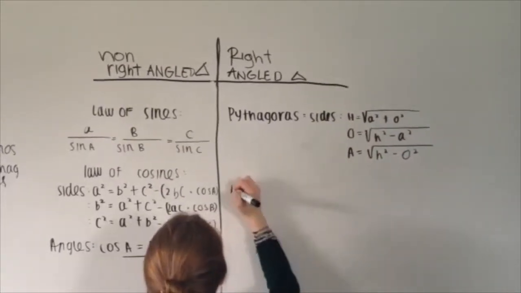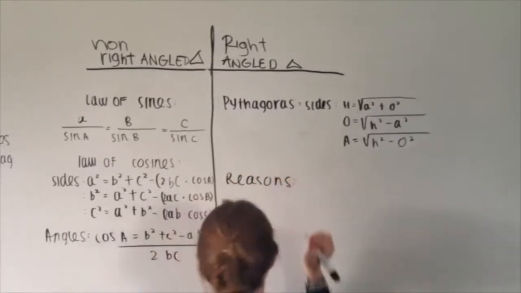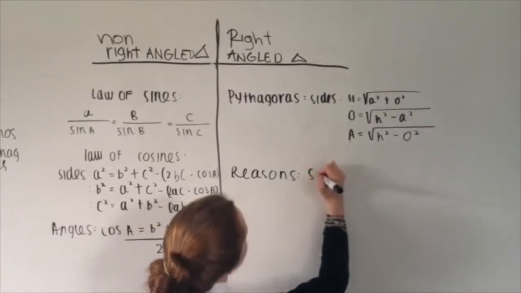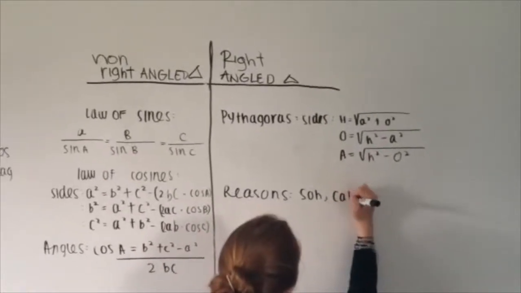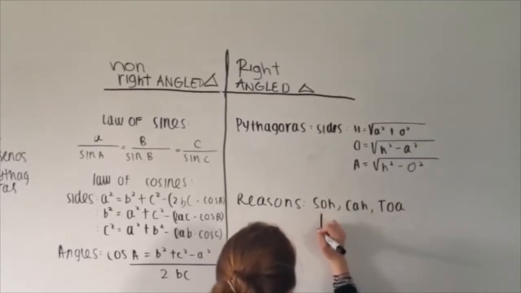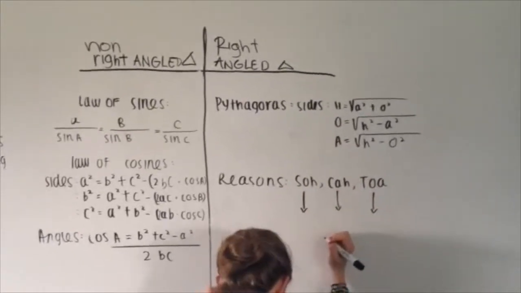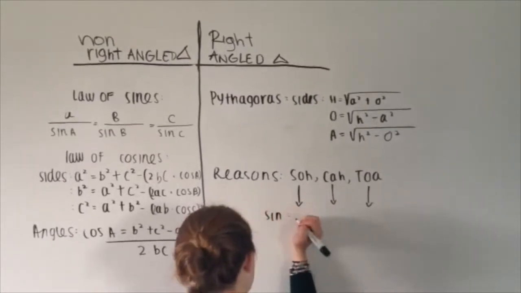You can use the ratios to find out the angles. So, you use SOH CAH TOA. This is to help remind you of what each ratio relates to. SOH means sin, which divides opposite by hypotenuse.